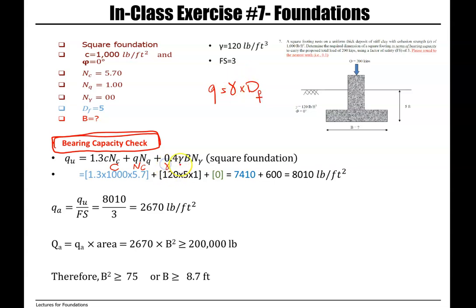We have gamma times dF times NQ. Sorry, here is NQ. N gamma is 0, so the third term is 0. This is the ultimate bearing capacity.